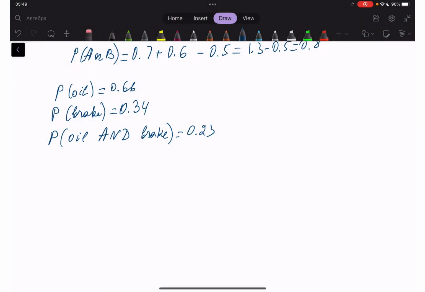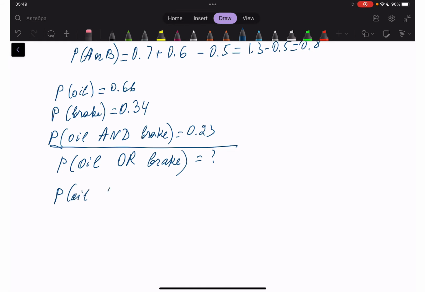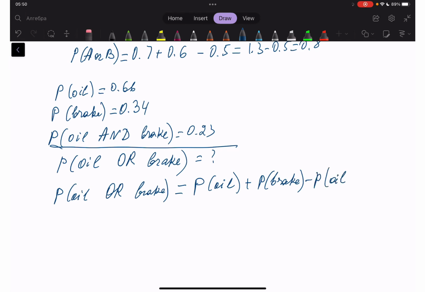So we need to find out the probability that either oil or brake will be done. So probability of oil or brake is going to be equal to probability of oil plus probability of brake minus probability of oil and brake.